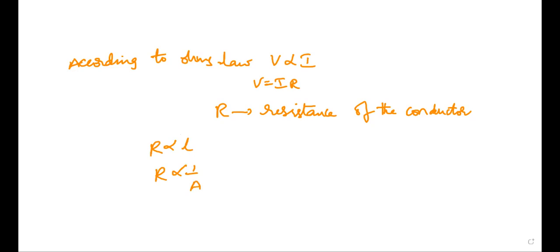So from these two, R is proportional to L by A. This implies R equals some constant rho times L by A, where this proportionality constant rho is called the resistivity of the material. The resistivity of a material is equal to the resistance of a wire of length 1 unit and area of cross section 1 unit.